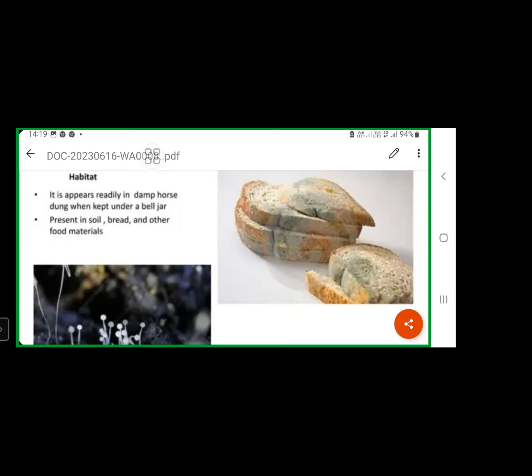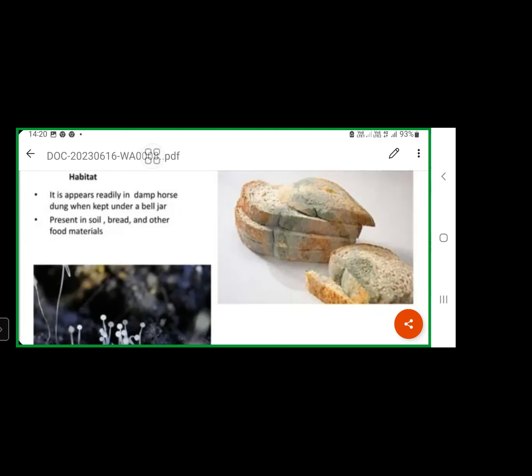This is about the different habitats of Mucor and the harmful effects it shows, which we have discussed. But some of the species of Mucor are industrially important. Why are these industrially important? Here these Mucor species are used in the production of fermented products, for example alcohols.